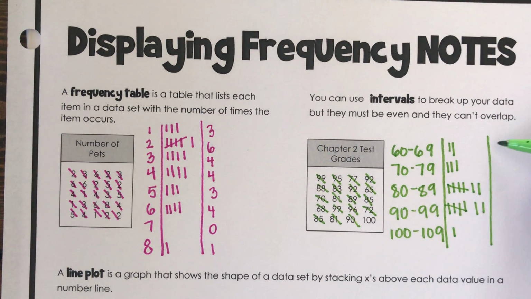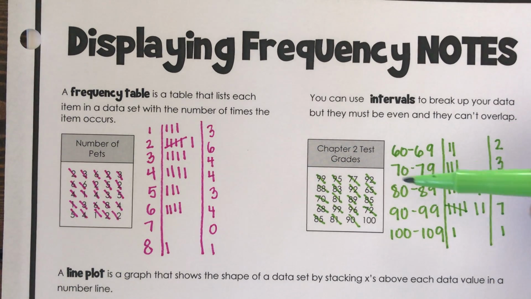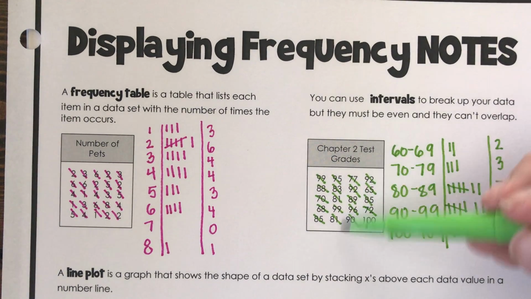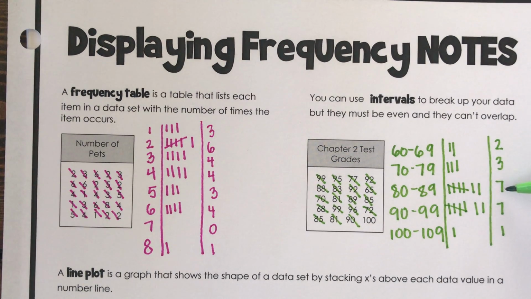So now when I'm listing out my frequencies, I have 2, 3, 7, 7, and 1. I should have 20 data items: 5, 10, 15, 20, or 5, 12, 19, 20. So I know they're all accounted for.